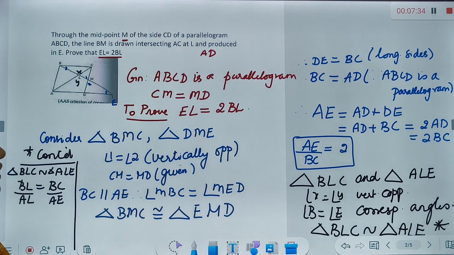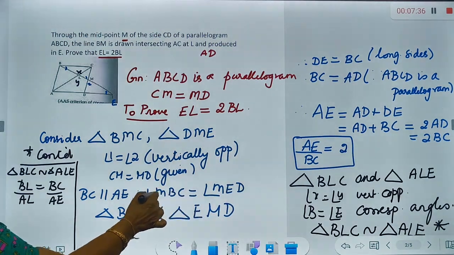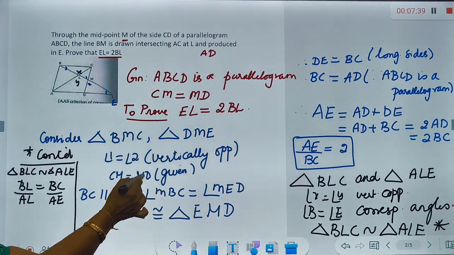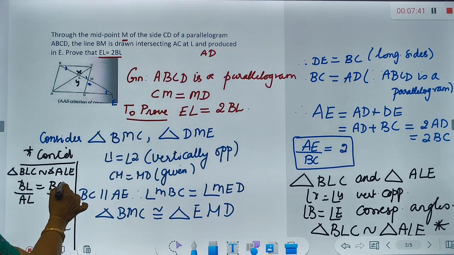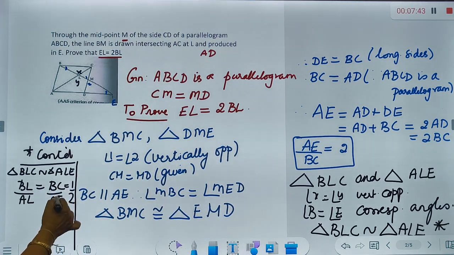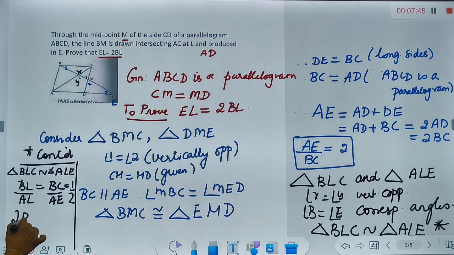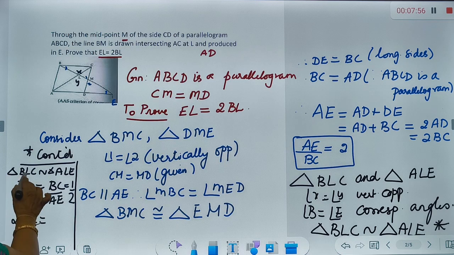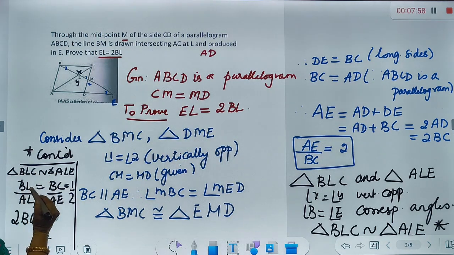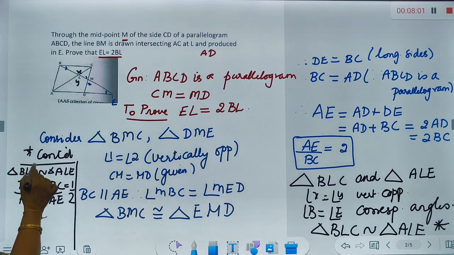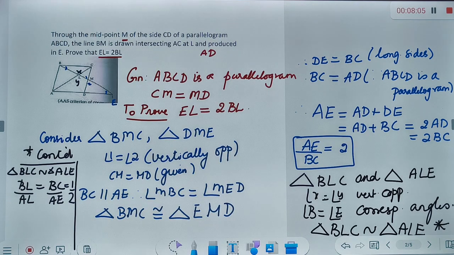What is BC by AE? AE by BC is 2, right? So BC by AE will be half. Twice BL, we need actually EL. We have to connect EL and BL. BL by AL is equal to BC by AE. BC by AE is 1 by 2.